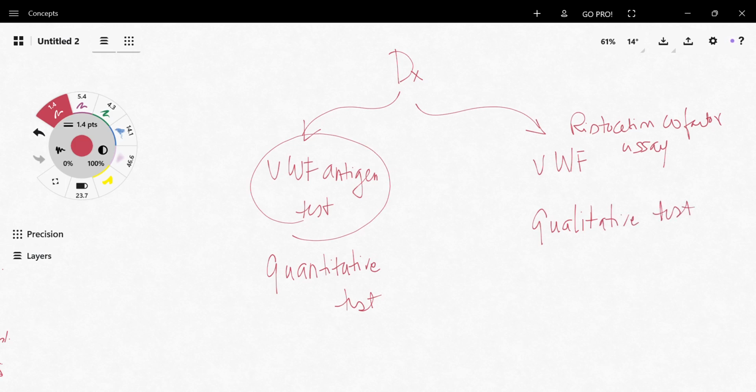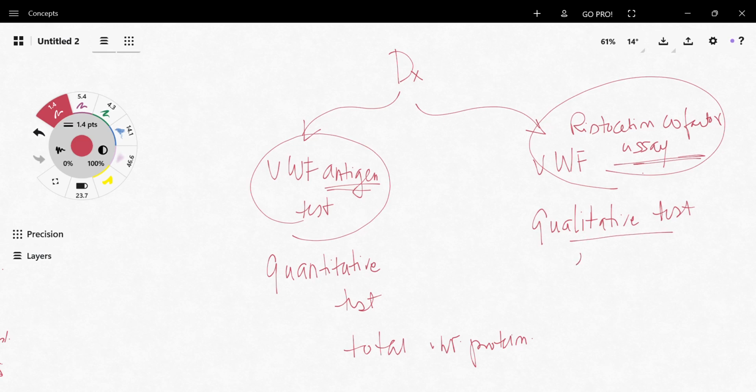So what happens in this antigen test is that you're checking for the total von Willebrand factor protein in the patient's body, and in the ristocetin cofactor assay you're checking for the functional capacity. It's a functional test of von Willebrand's factor, right?